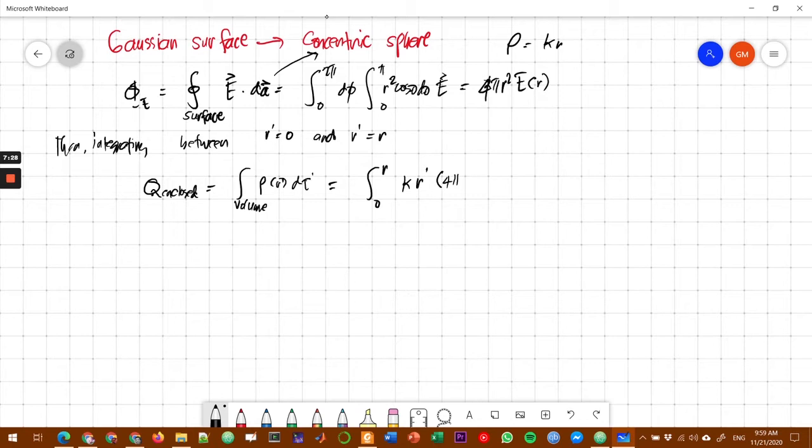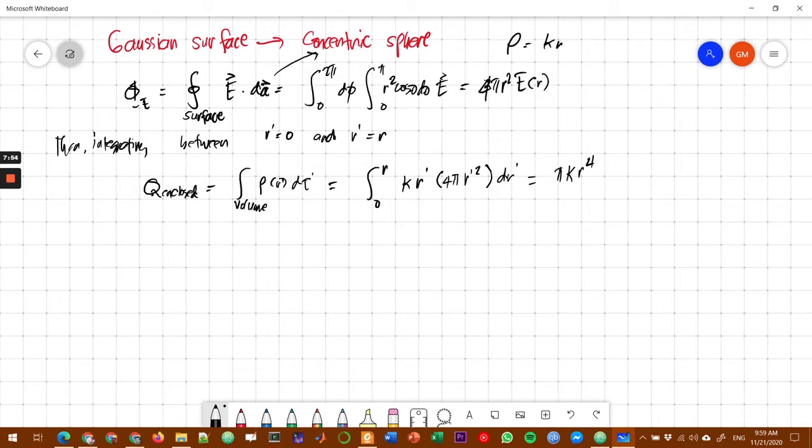What remains is 4 pi r prime squared, and we have dr prime. If you integrate this over r prime, you will get pi k r to the 4. That would be your Q enclosed.